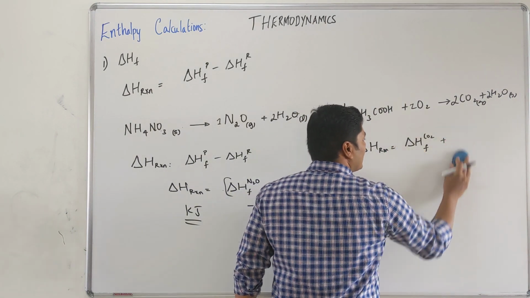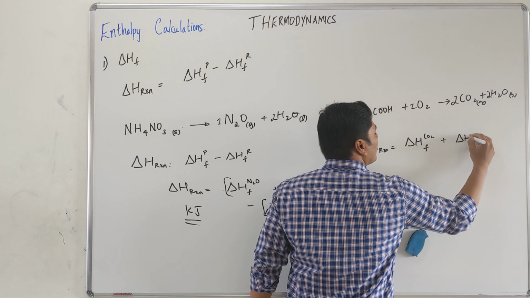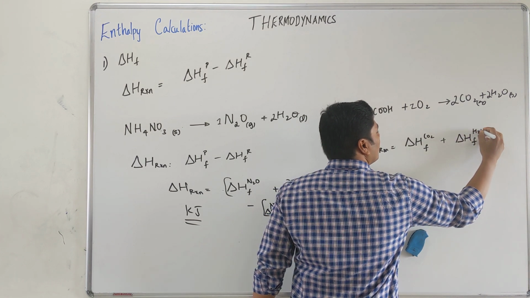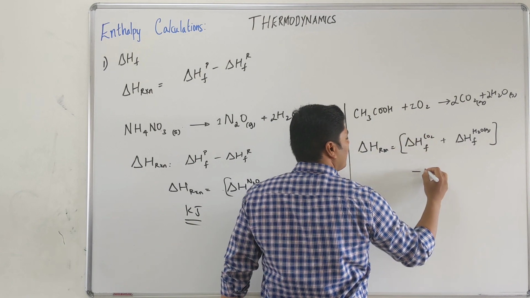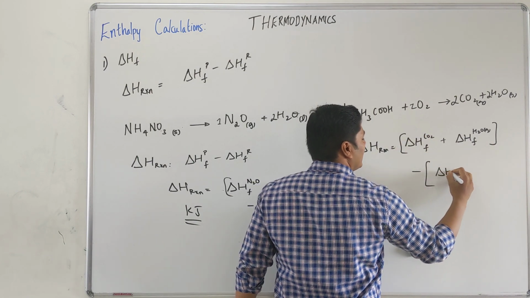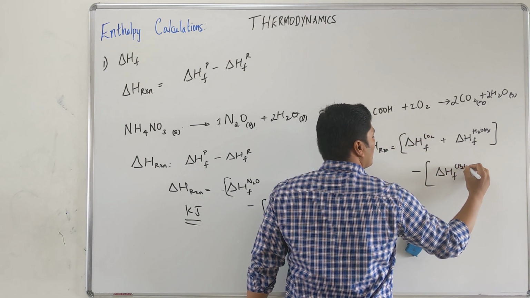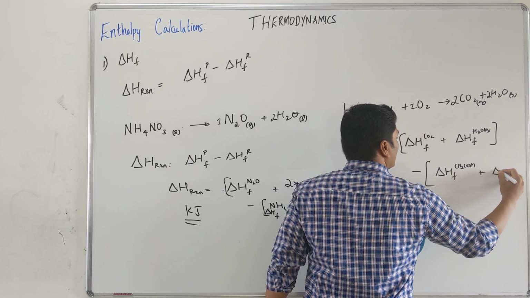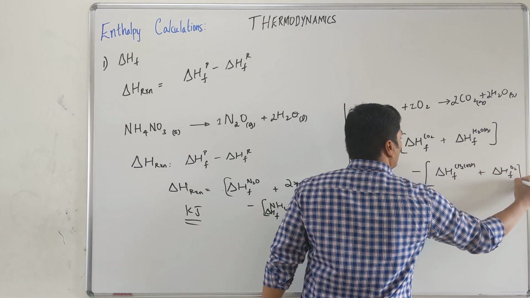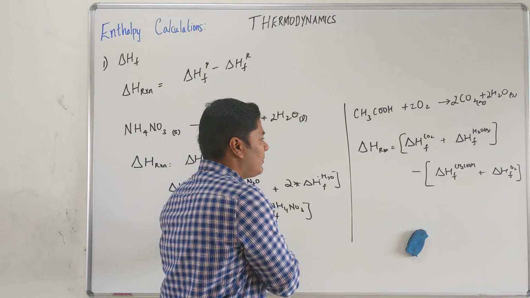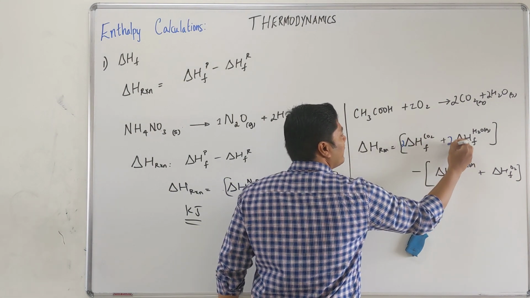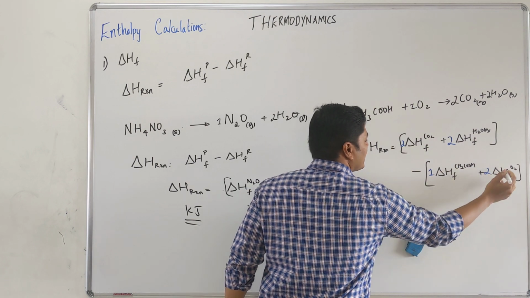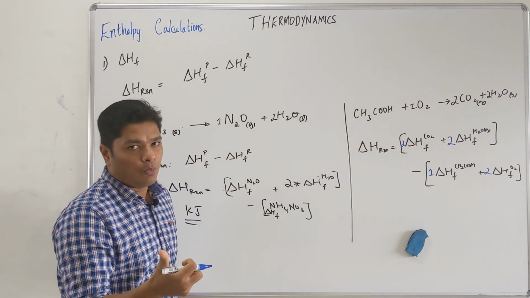At this point I will just write this delta H of formation of H2O gas, product minus reactant delta H of formation of CH3COOH plus delta H of formation of O2. Now from the balanced equation I can say there's 2 of this, so 2 times this, 2 of this, 1 of this and 2 of this. Okay, so make sure you watch your coefficient.